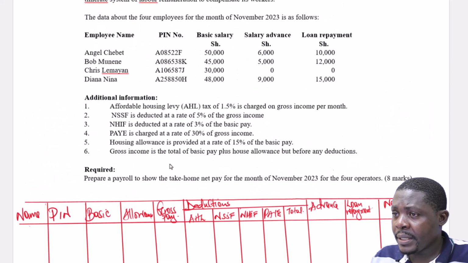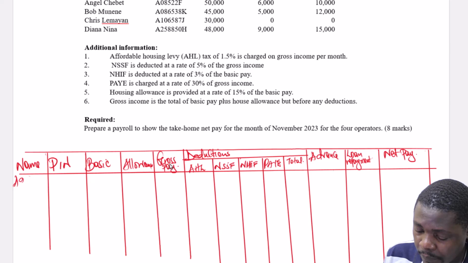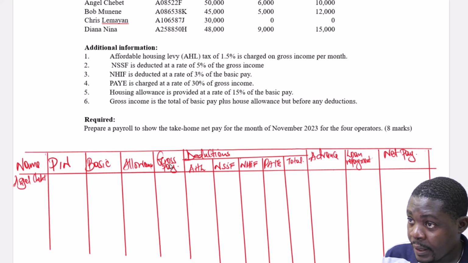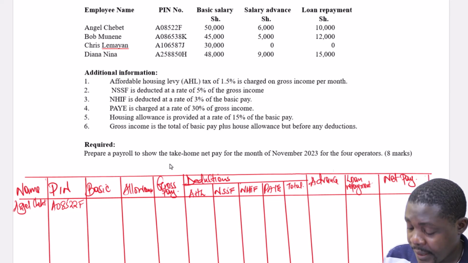All right. Now, number one is Angel Chepet. The KRA PIN is A08522 22F. We are told that her basic salary is 50,000.